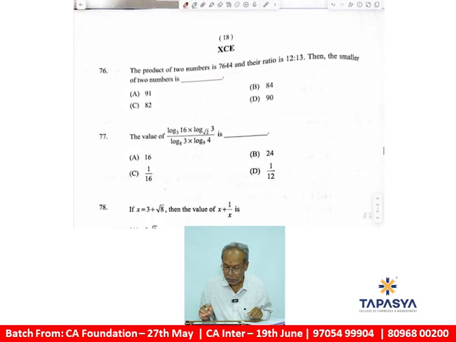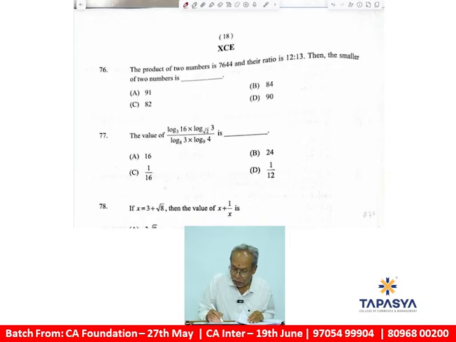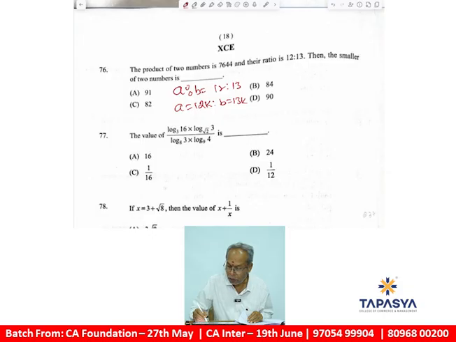And another one: the product of two numbers is 7644. The ratio of the two numbers is given as 12:13. Then the smaller number is? So let the two numbers A is to B equal to 12:13. Let A be equal to 12k, B equal to 13k. Product of the two numbers AB equals 7644.